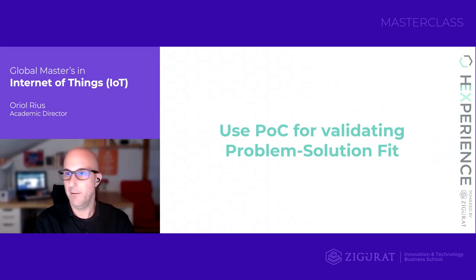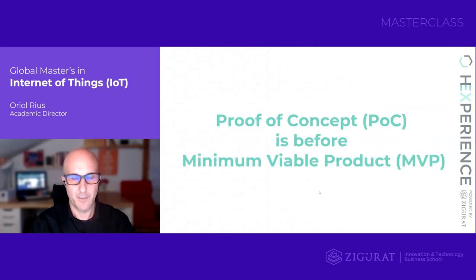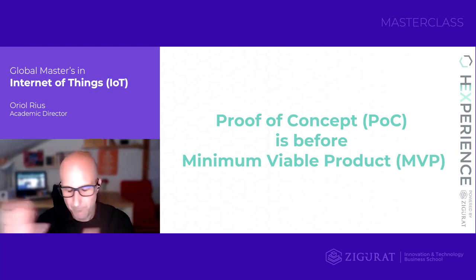And how can we advance, how can we validate our problem solution fit stage? We can do that thanks to the proof of concept. We are going to use proofs of concept for validating our assumptions, our uncertainties about the problem solution fit. And this is very important because I have seen a lot of people trying to develop a minimum viable product from the very beginning of their project.